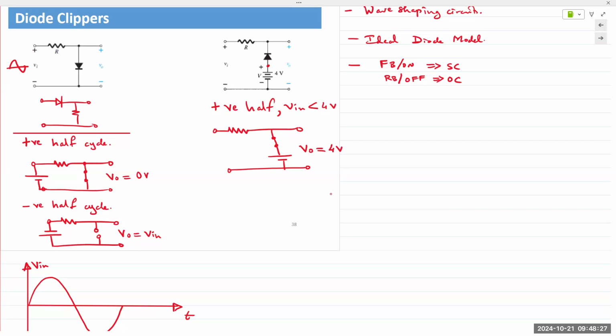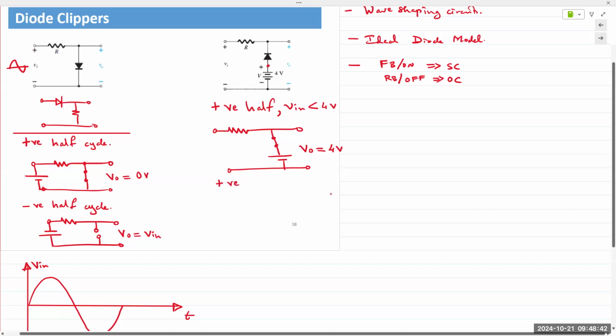As soon as the V in starts climbing and goes above 4 volts, the cathode is now higher than 4 volts, the diode turns off, and if it's off, V out is equal to V in. So still in the positive half, and V in now climbs above 4 volts or the DC value, then the diode turns off.